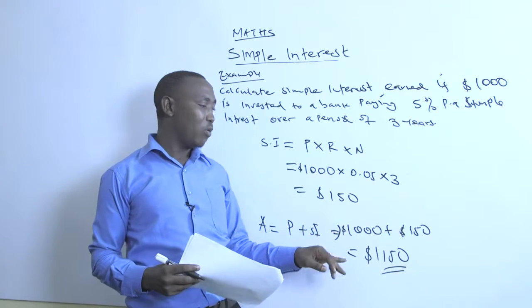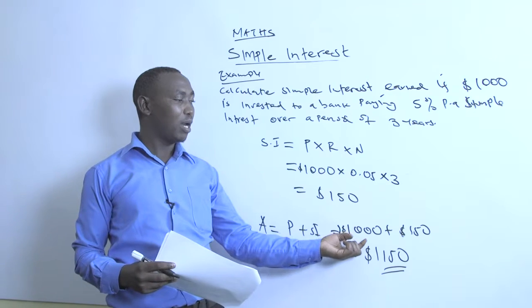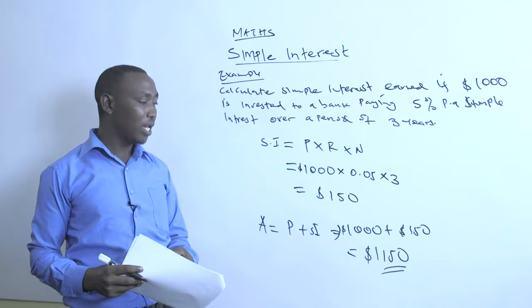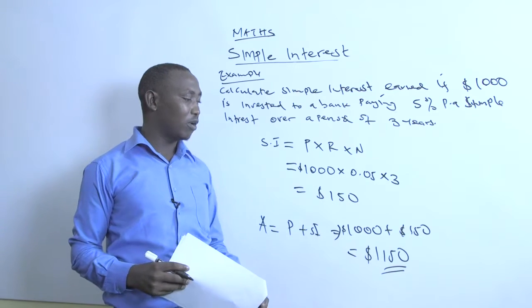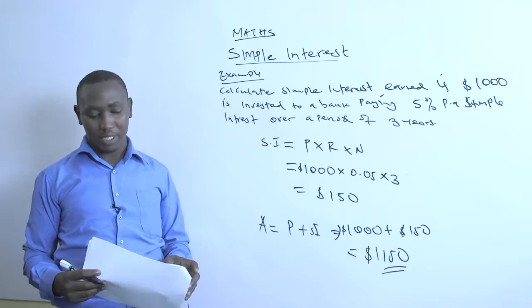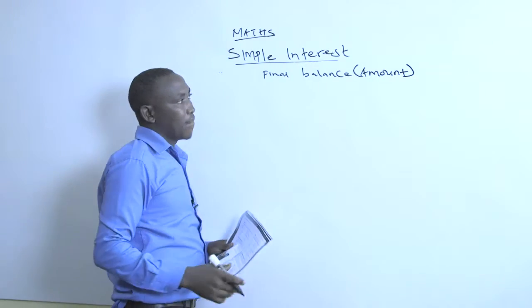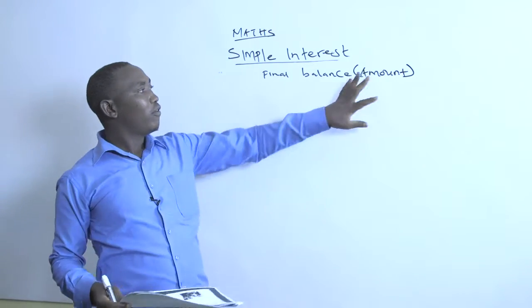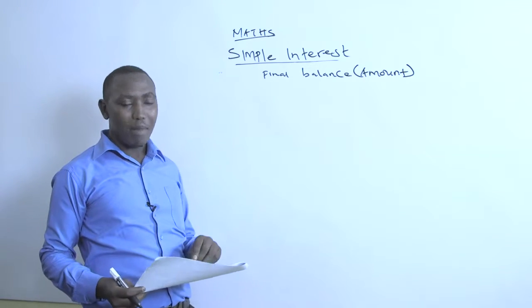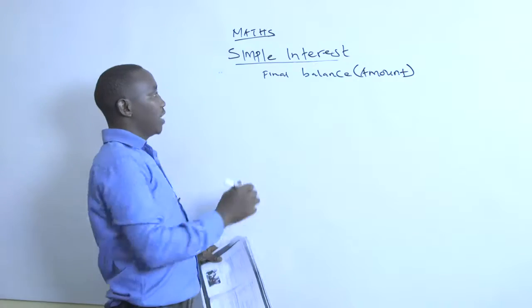Our amount will be 1,000 principal plus 150 simple interest accrued, which will give us a total of 1,150 US dollars. Another name for the total amount is the final balance. Let's look at an example on that.